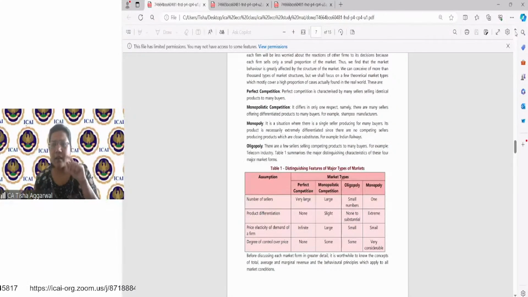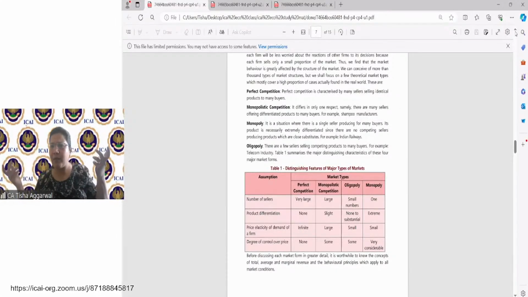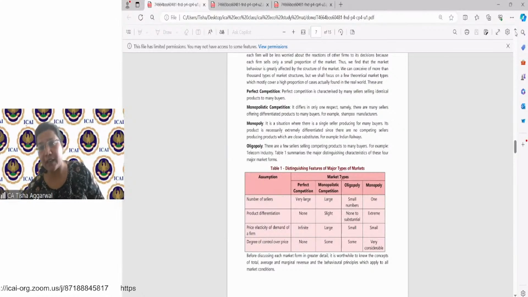The pencils are almost identical, same utility, everything. But maybe the Faber Castell is charging more than what Apsara and Natraj are charging. Why? Maybe because of the brand value. But assume that both the pencils are absolutely identical, same in color, size, shape, every feature. No difference, no price difference, nothing. Such kind of market is known as perfect competition market.